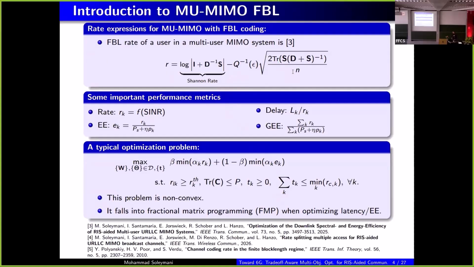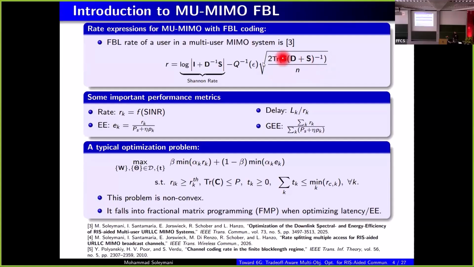But the main difference here is that whenever we want to consider multi-user MIMO, you can also have multiple data streams per user, so you have actually a set of parallel channels. In the literature, there wasn't any closed form expression for multi-user MIMO, and we tackled this issue in reference number 3.